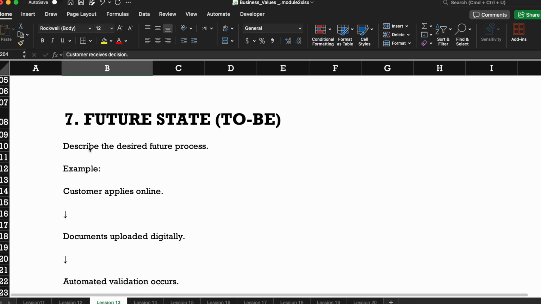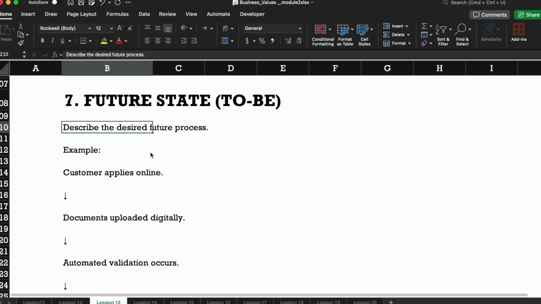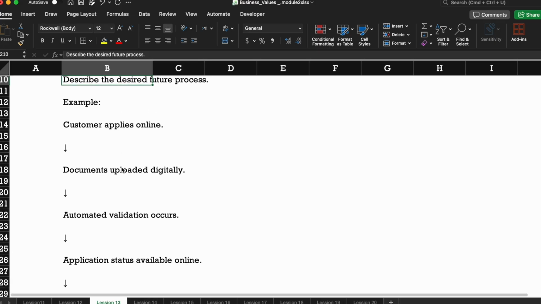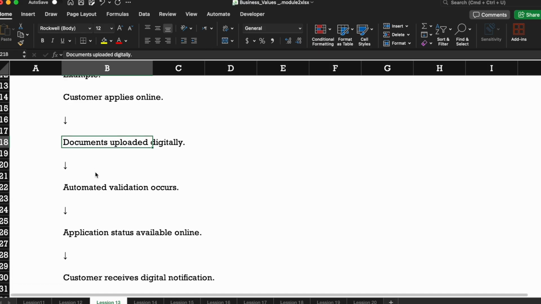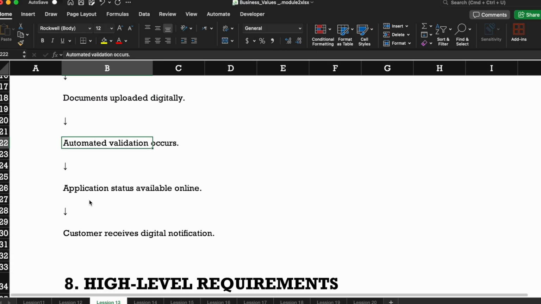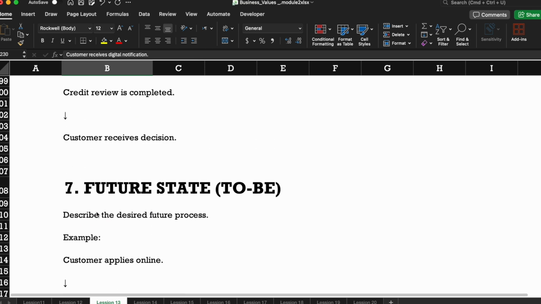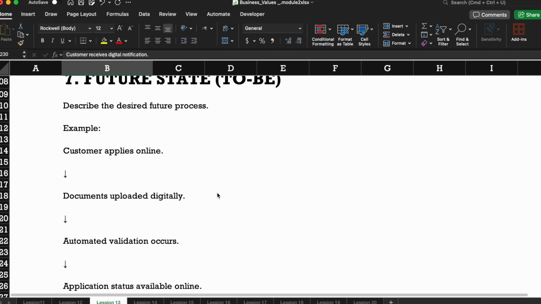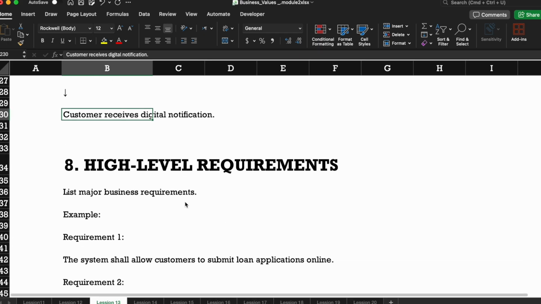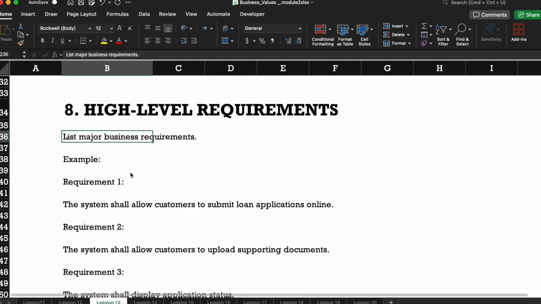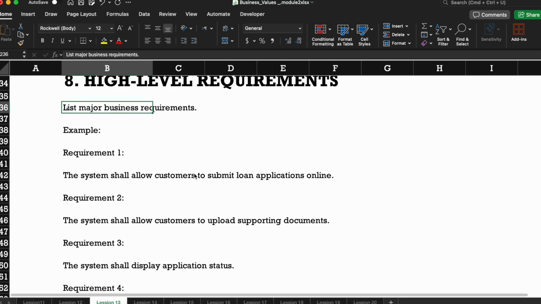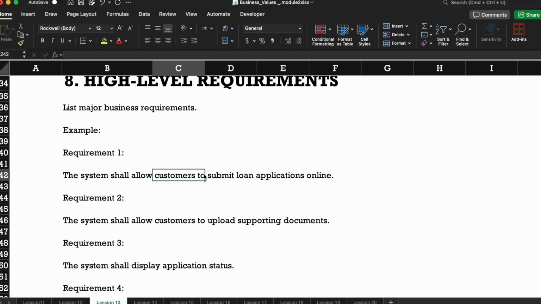Future state: describe the desired future process. Example: customer applies online, documents are uploaded digitally, automated verification occurs, application status is available online, customer receives digital notification. You can put them side by side to compare. High-level requirements: list major requirements. Requirement 1: the system shall allow customers to submit a loan application online.